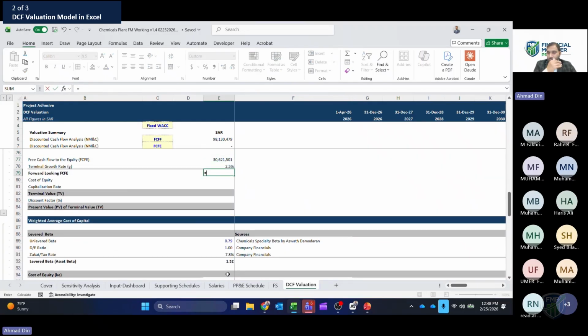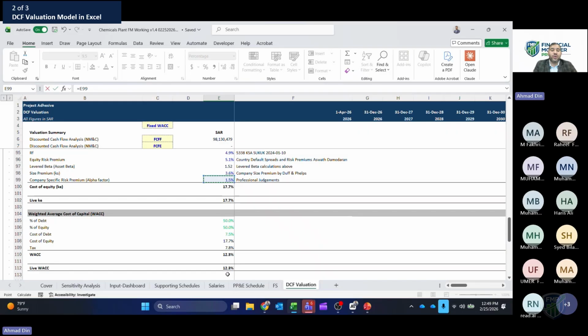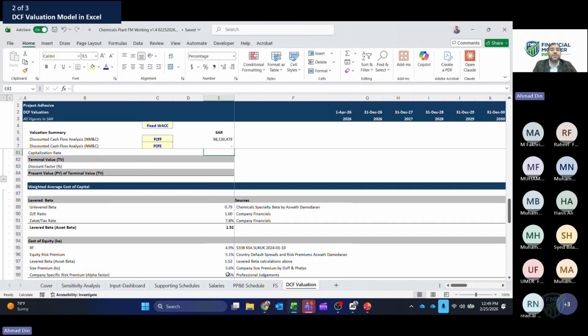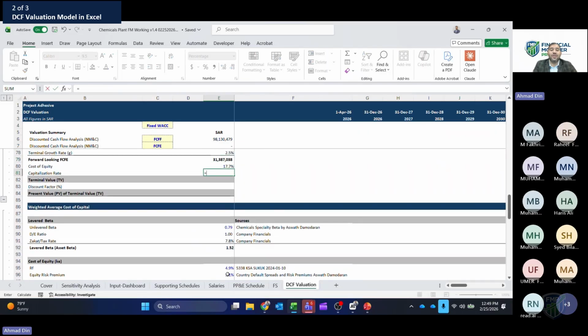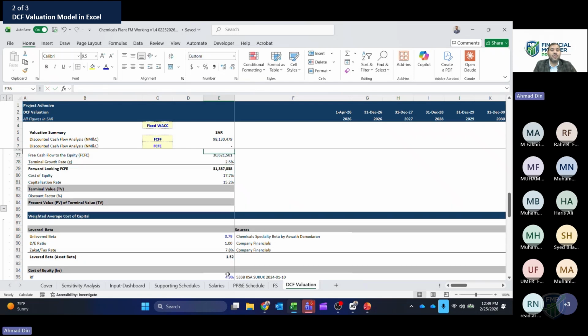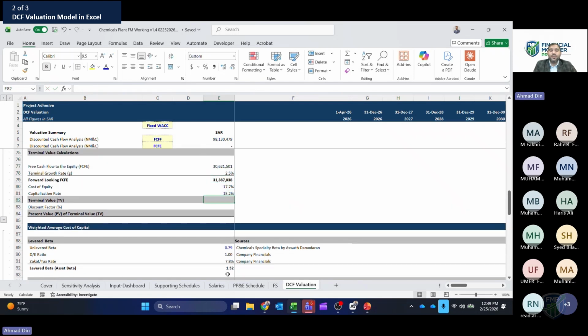So we have a forward-looking FCFE. Then we have the cost of equity, which we already calculated. Then capitalization rate: cost of equity minus growth rate. Terminal value will be forward-looking FCFE divided by our capitalization rate.